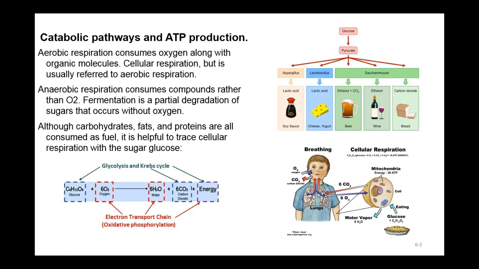Carbohydrates, fats, and proteins are all consumed as fuel, but almost all the discussion going forward will be about glucose. Please understand that there is a pathway for fats and for proteins to be broken down and go into most of these cycles.